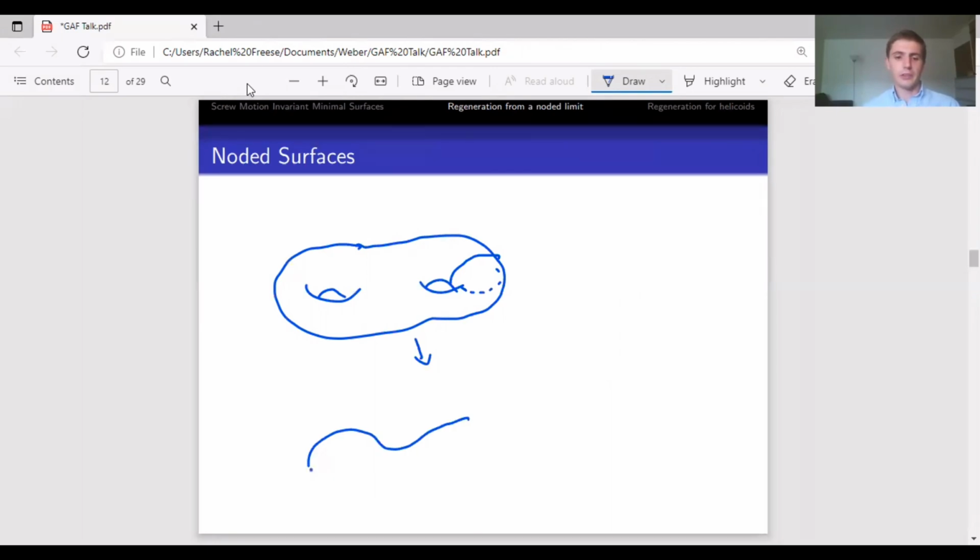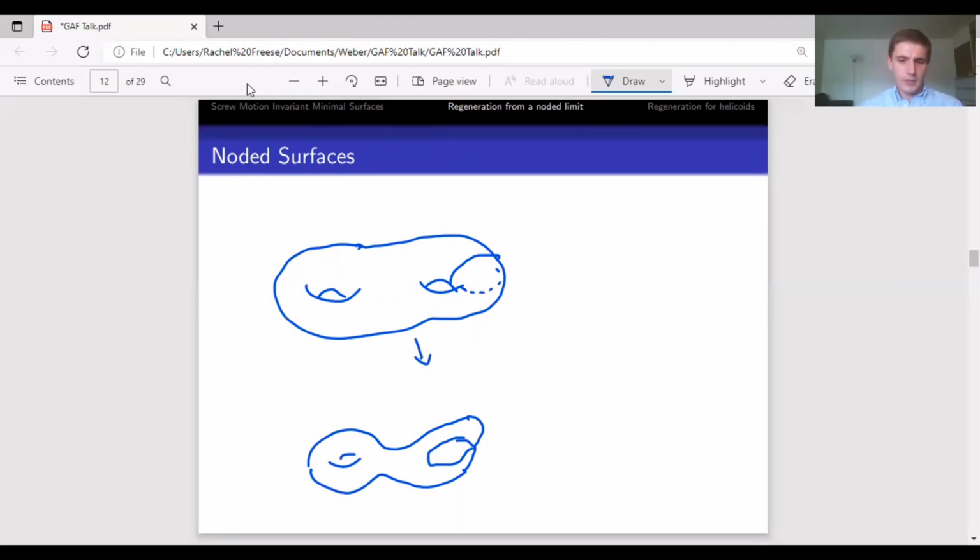Let's see if I can draw this one. And then it gets pinched down to a point. So that's the basic idea of nodal surfaces. These aren't Riemann surfaces, but they're close, and they're limits of Riemann surfaces.